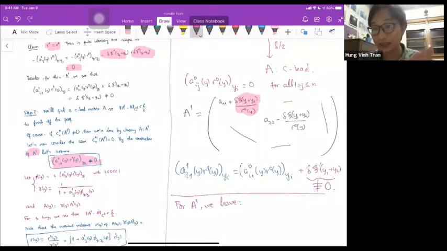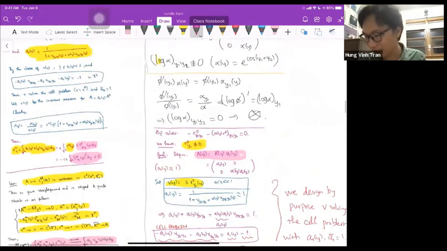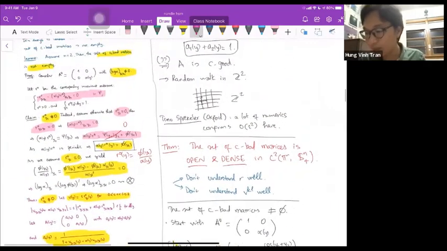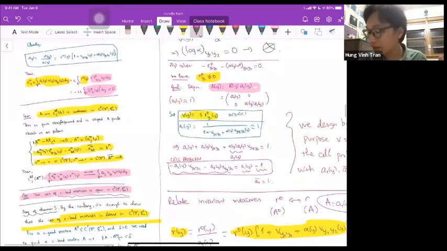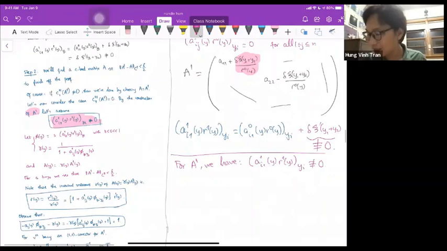This is more general, of course, but kind of the same. Let me recall the earlier proof so that I can go quicker. In the earlier proof, when I proved that the set of C-bat matrices is not empty, I needed to prove that R0 of Y1 is not 0. That's the first step, and then we base upon that to construct it. Now, for the general case, it's a bit more complex, not just R0 of Y1, but this whole thing, but it's sort of the same.